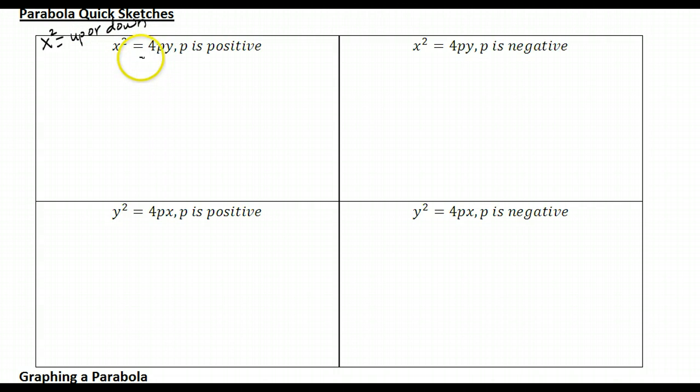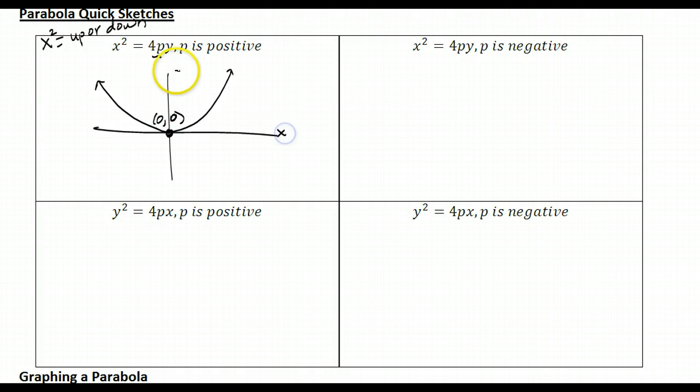So if I have x squared equals 4py, if the p is positive, my sketch looks something like this. And again, this is just a sketch, and then when we do our actual graphs, we'll do specific points. So I've got the vertex at 0, 0, and again, that's because everything we do today is going to have a vertex of 0, 0.